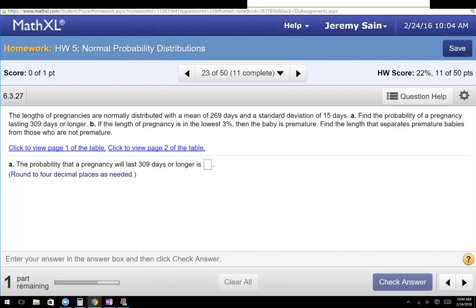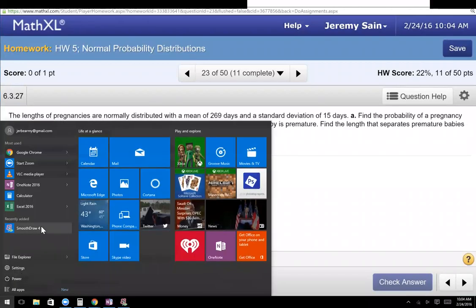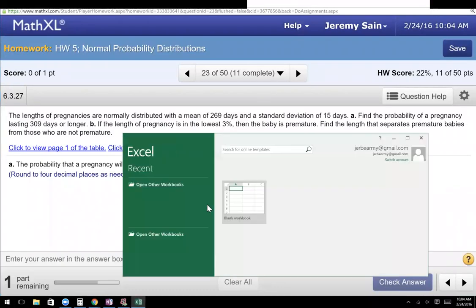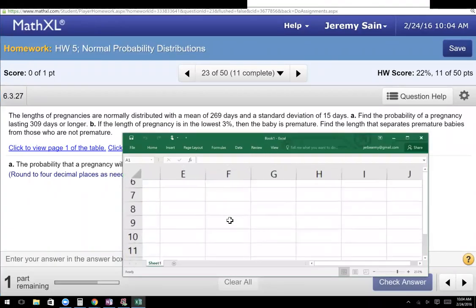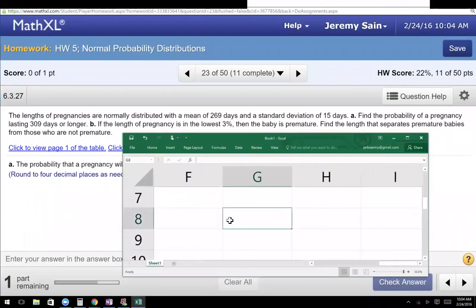So this first part, we know the value, we know 309. We're looking for probability. So are we going to use the dist or are we going to use the inverse? Yeah, you're going to use the dist. So make this bigger. So I've got equals norm dist. The number I care about is 309.